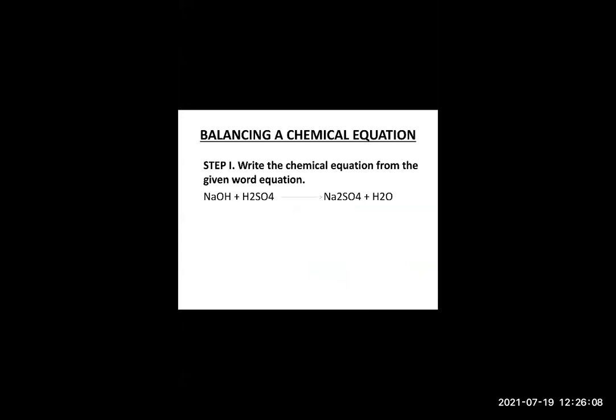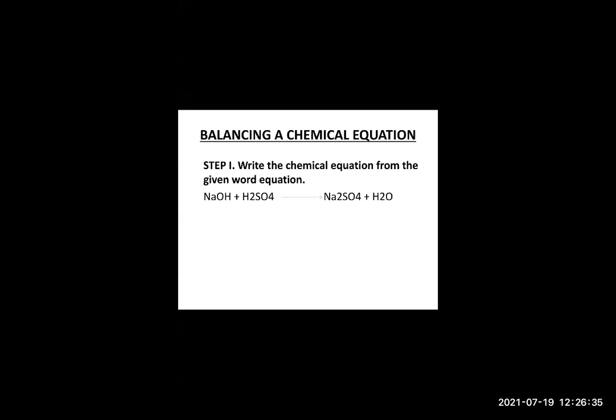You have to see that the number of atoms of the elements in the reactants is the same as the number of atoms of elements in the products. That means on both sides, the number of atoms of each element should be equal. It should be balanced.